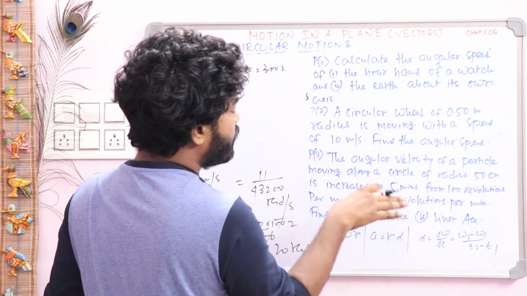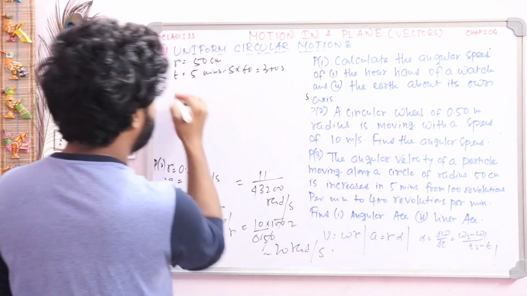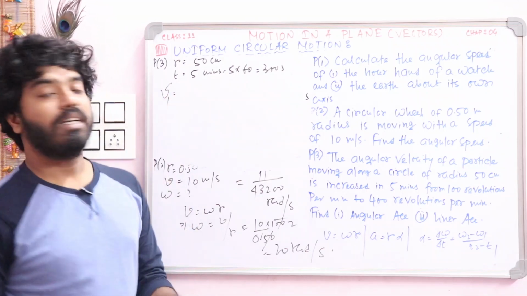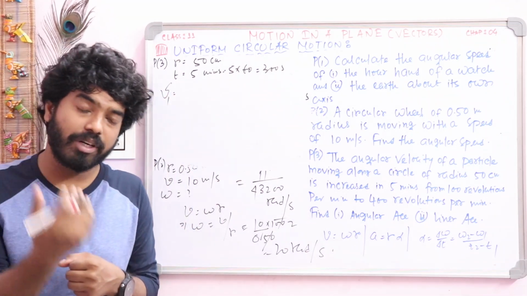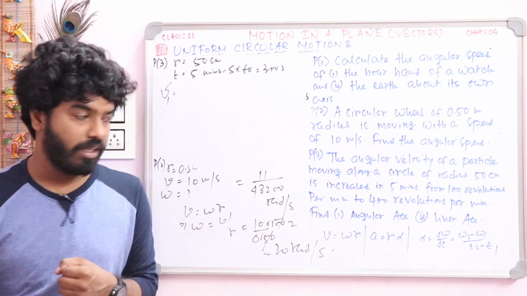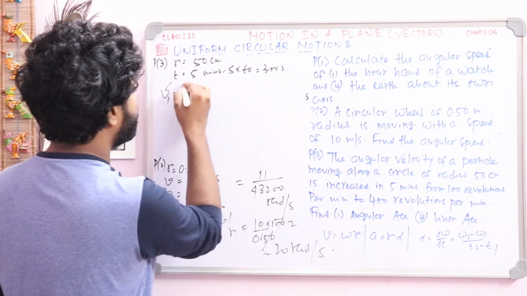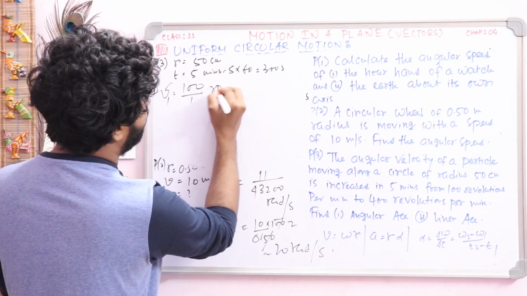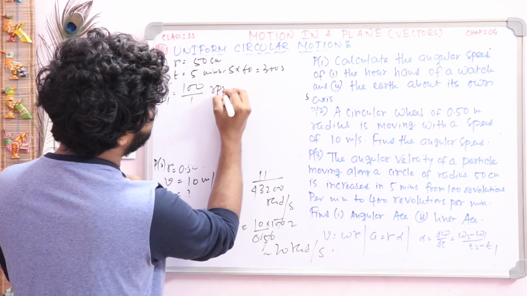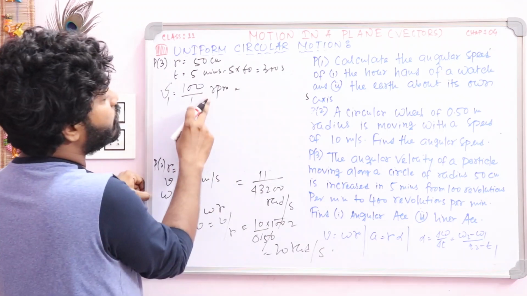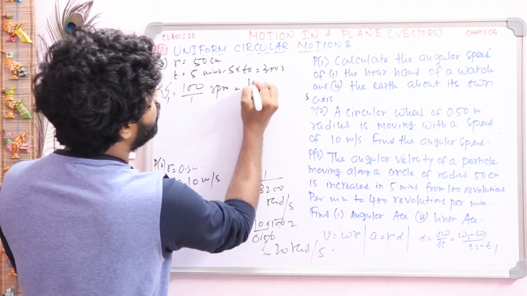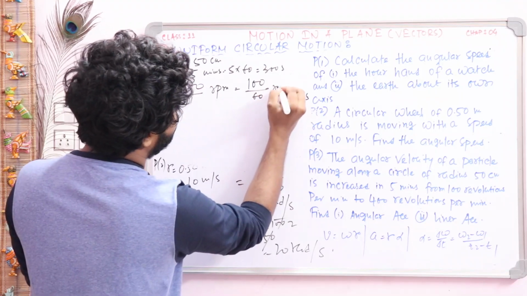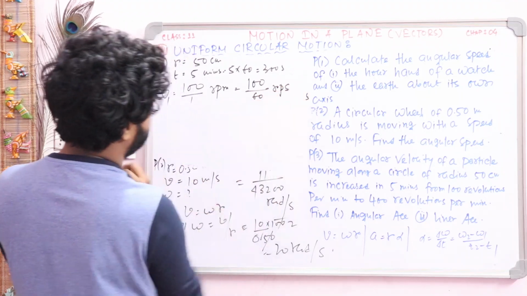From 1 revolution per minute, that is frequency. First, you see the meaning of frequency: the number of revolutions per second. So nu 1 is 100 revolution per minute. Now you convert it to revolution per second, so this one will be 100 divided by 1 minute, that is 60 seconds, revolution per second.